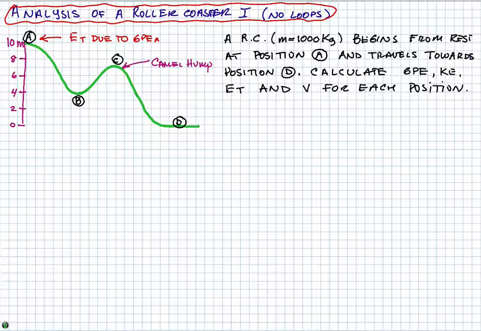Okay, so another very important note that applies to the entire problem and every single roller coaster. Let me write it right here. In all cases, or in all positions, the total energy, ET, is going to be equal to the GPE plus KE.